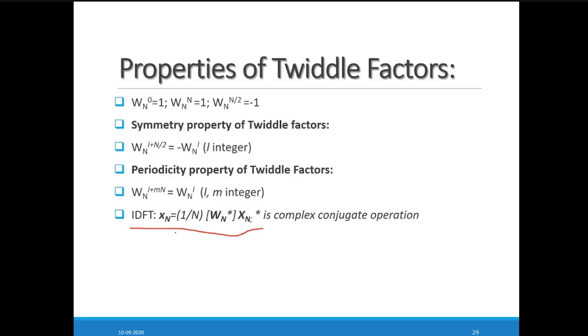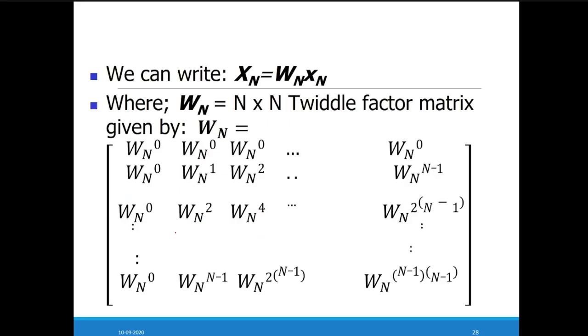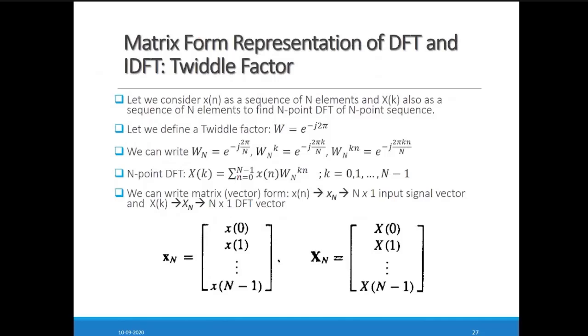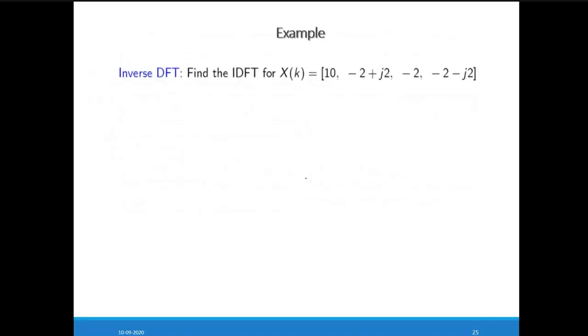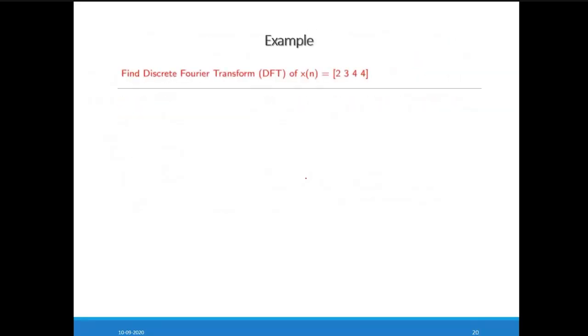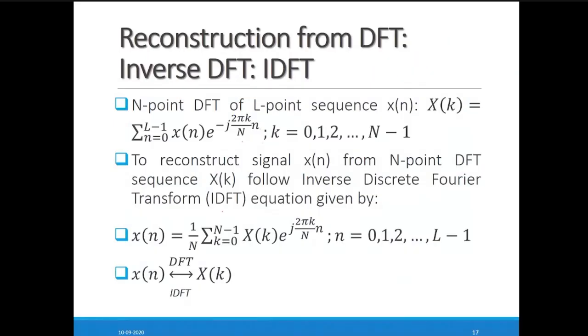For DFT, we are using this equation: X of k equals summation n is equal to 0 to n minus 1 of x of n omega n raised to k n. But for the IDFT, this one is the equation.